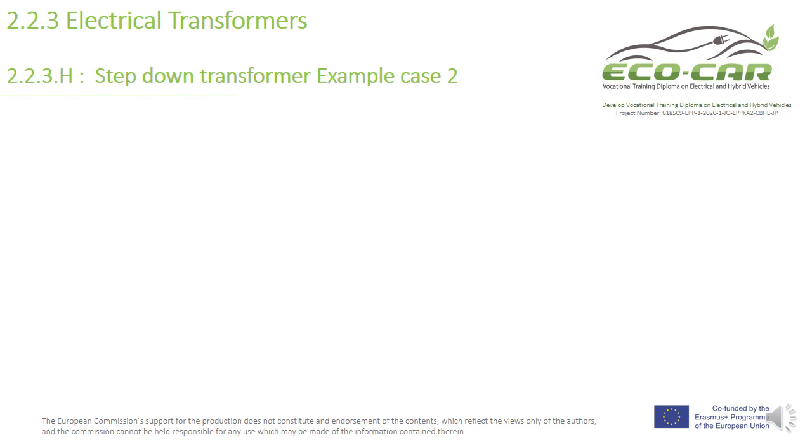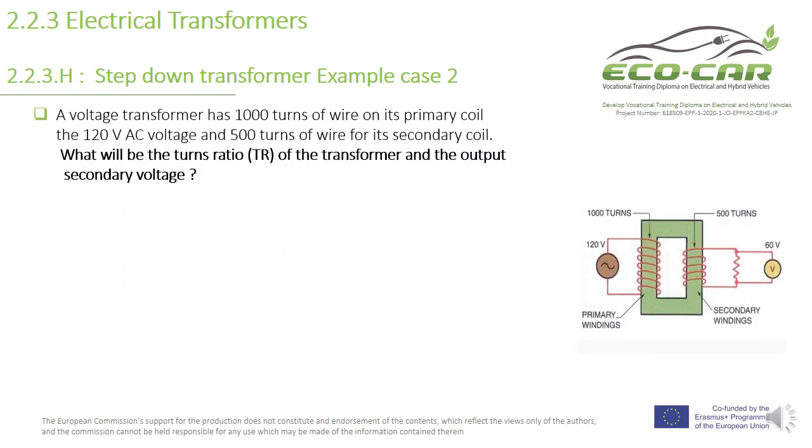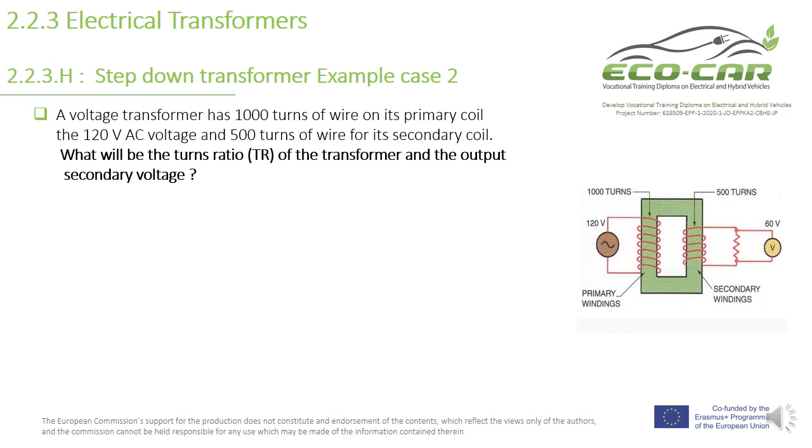Let's take another example for a step down transformer. We have 120 volts as the input primary voltage, and 60 volts on the secondary. We have 1000 turns and 500 turns.